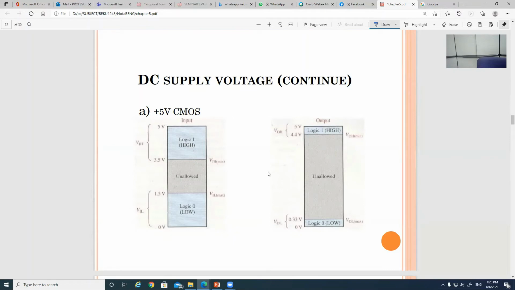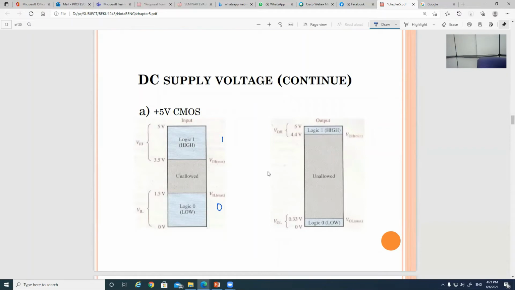You can see in the figure they have a range for logic 1. For example, 3.5 to 5 is logic 1. If 0 to 1.5, that is logic 0, and this range in between is not allowed.